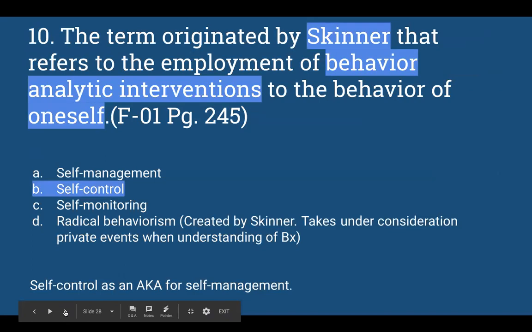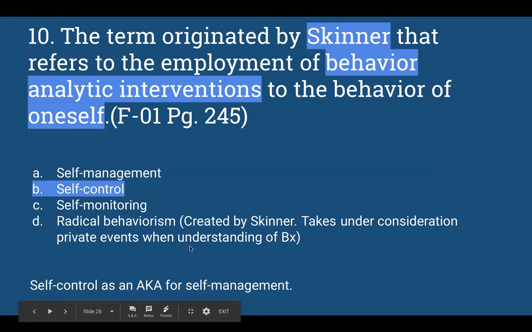It's self-control. It's not self-management, that's the newest word. Self-control is the one he invented, he originated.